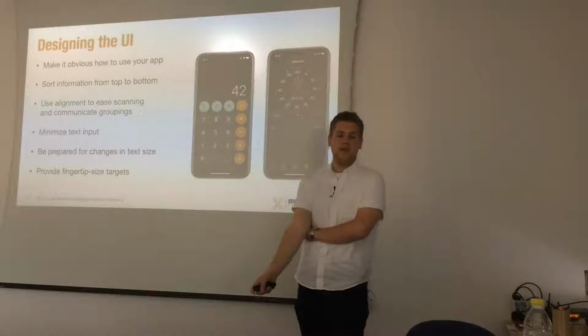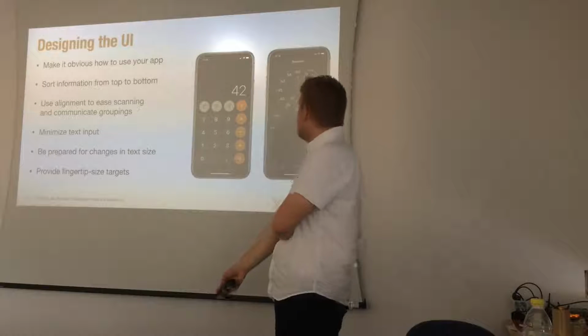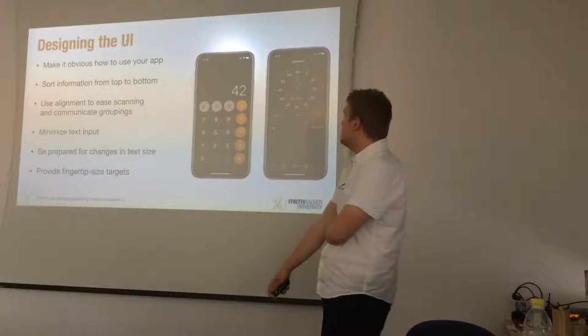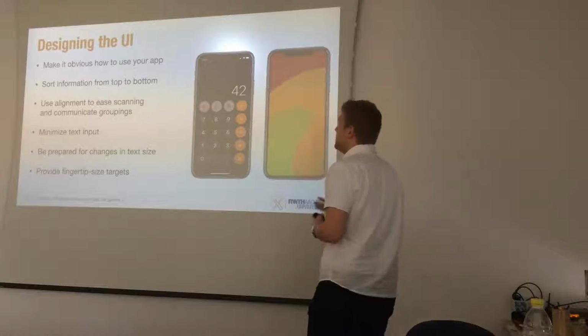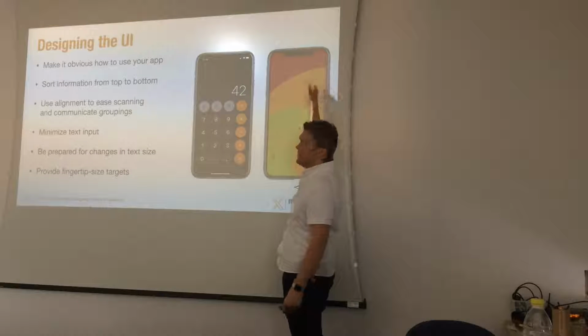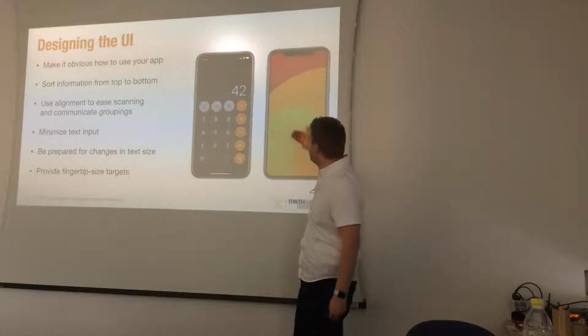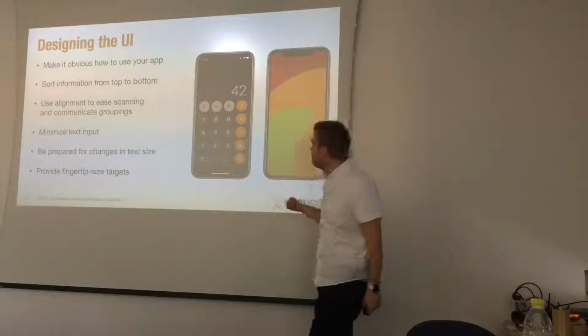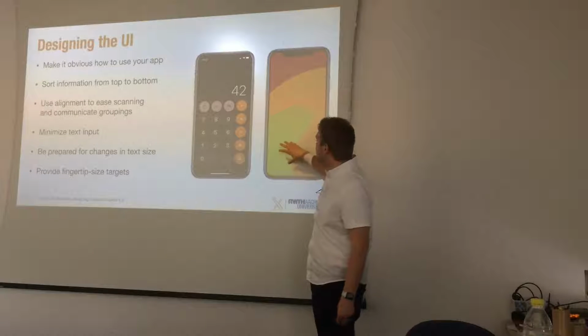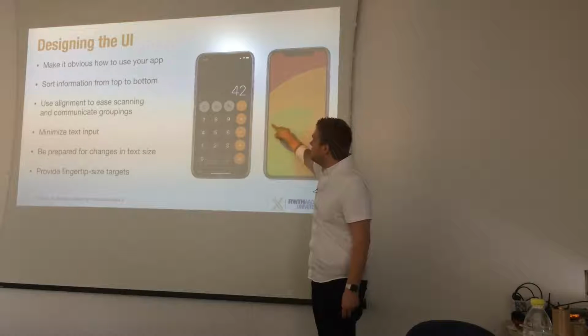Then of course alignment is scanning, and so on. Also think about where the fingers of your users are. There are two aspects. The upper part is typically not covered by a finger, as the user is holding his hand like this. Of course, this is for a right-handed person. But also the reachable targets are somewhere there.